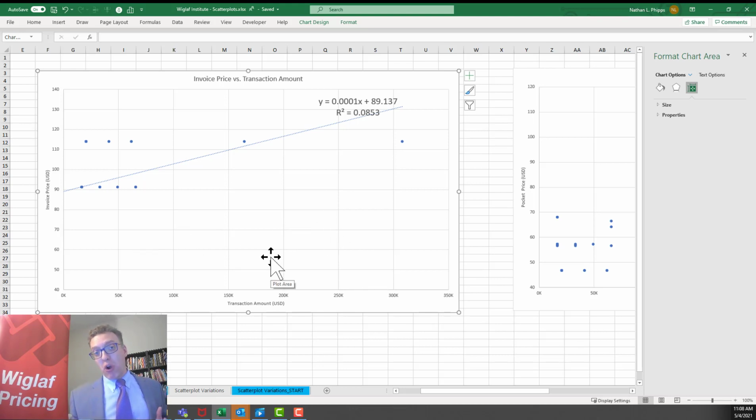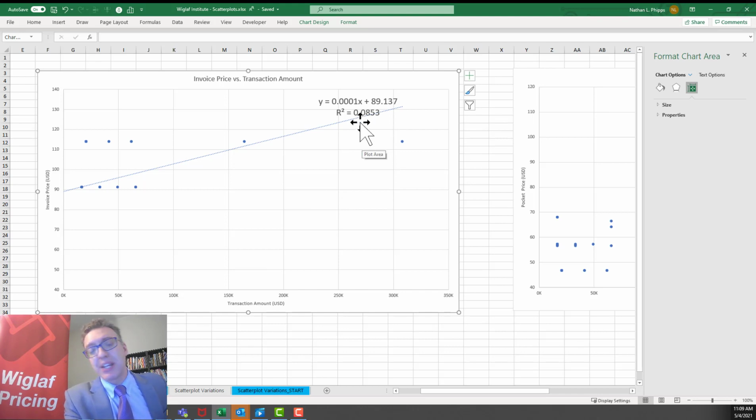And generally for an R-squared value, anything over 0.7 is considered a strong correlation. That essentially means at 0.7 that 70% of the variation in one variable can be explained by what's happening in the other variable. But with our example here, you can see that we don't even reach 0.1.